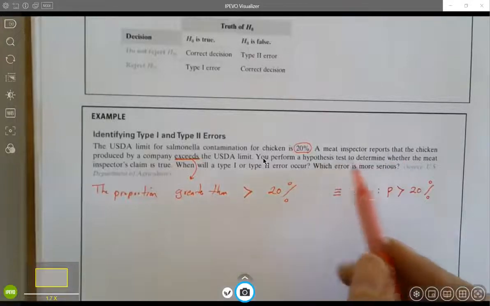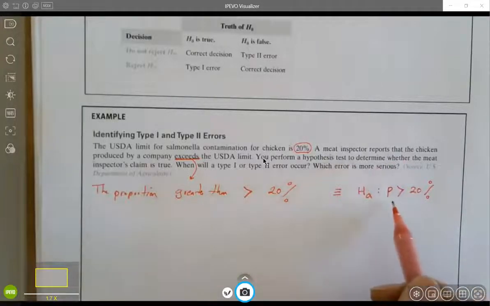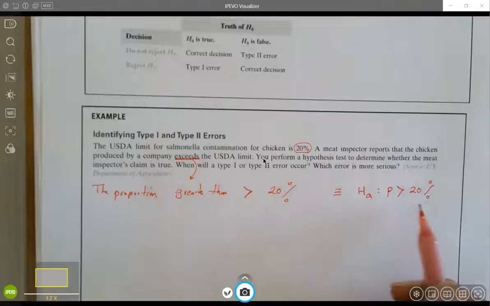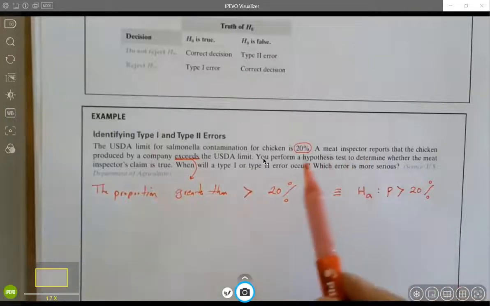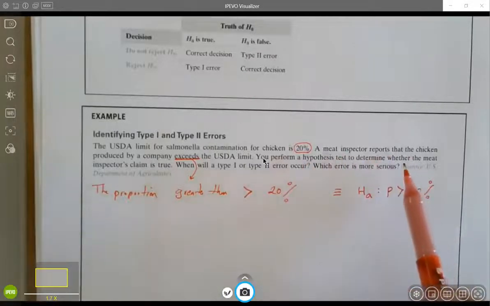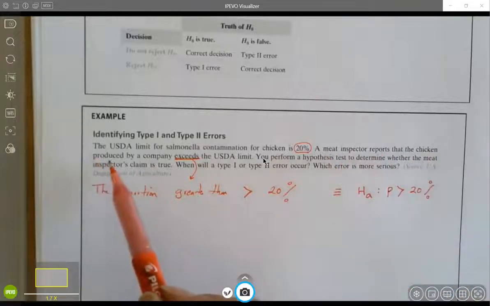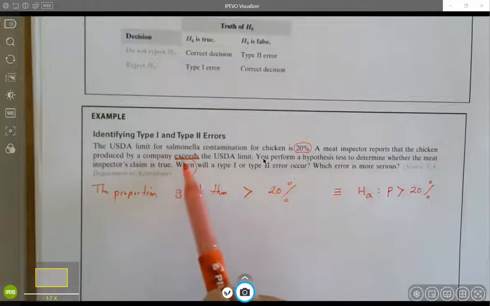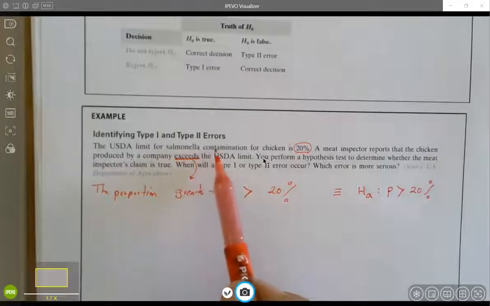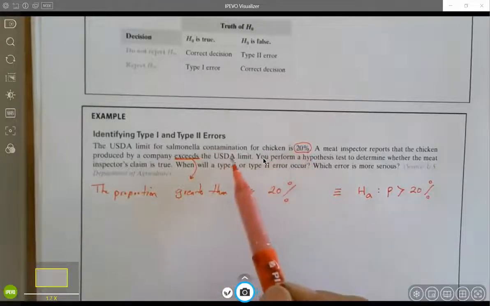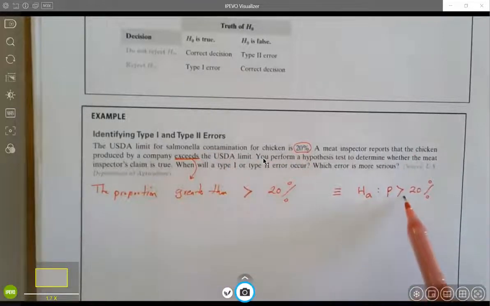In this example, we have information about the alternative hypothesis. Again, the inspector reports that the chicken produced by a company exceeds the contamination limit. The limit is 20%, so the proportion is larger than 20%.